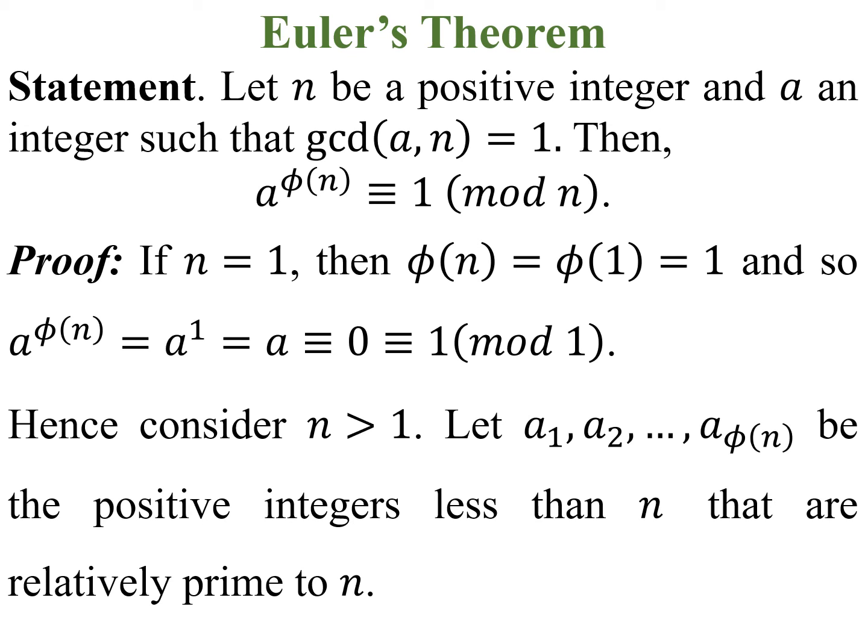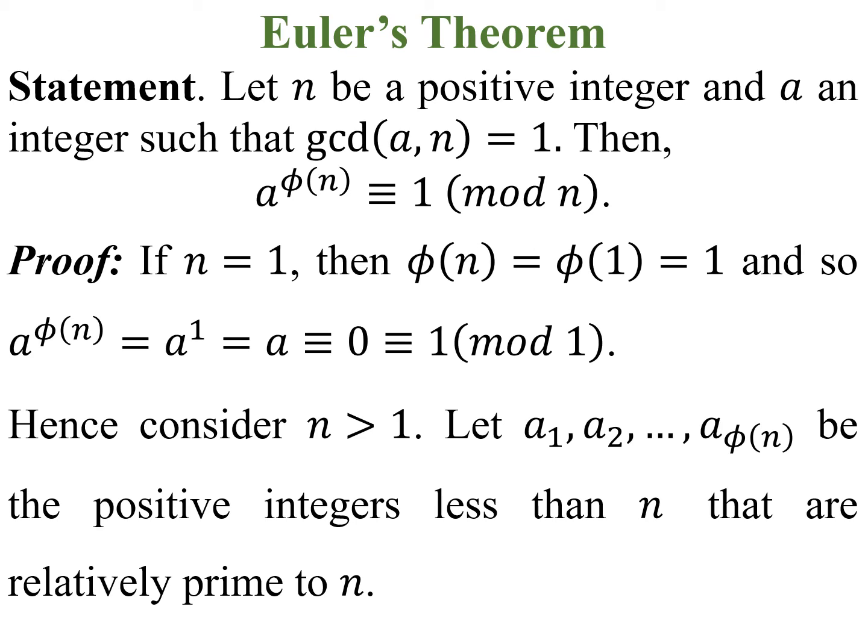We know that phi of n is the number of positive integers less than or equal to n and relatively prime to n. Denote these by a suffix 1, a suffix 2, up to a suffix phi of n.